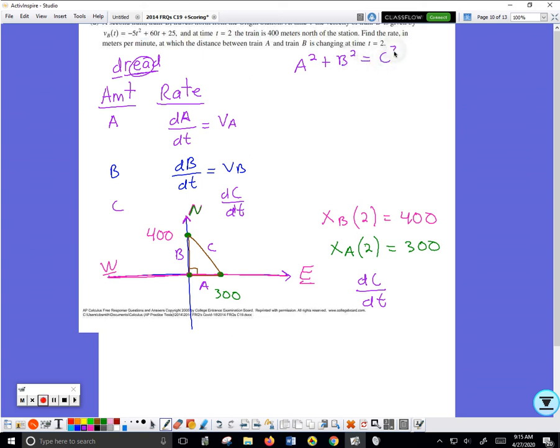Most of the time, it's better to not do any rearranging. Now we need to take the derivative of that equation. So it's going to be 2a dA/dt plus 2b dB/dt is equal to 2c dC/dt.